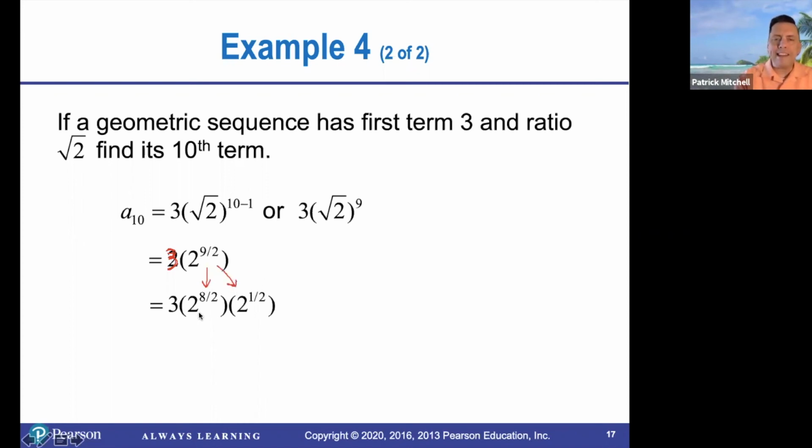The reason they did that is because 2 to the 8/2 is a nice number, right? It's just 2 to the 4th, which is 16. So 3 times 16 is 48, and then 2 to the 1/2 is the square root of 2. So the 10th term of this geometric sequence would be 48 times the square root of 2.